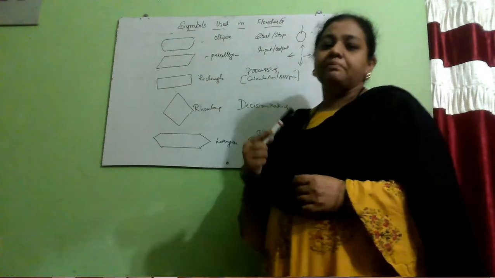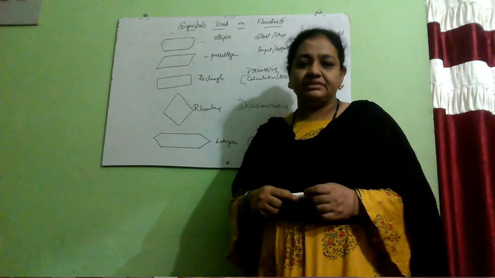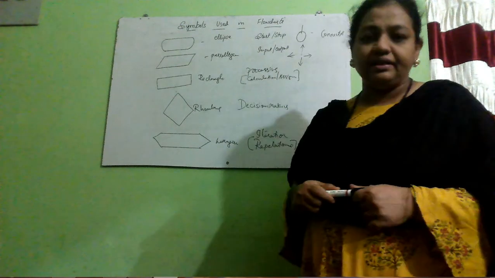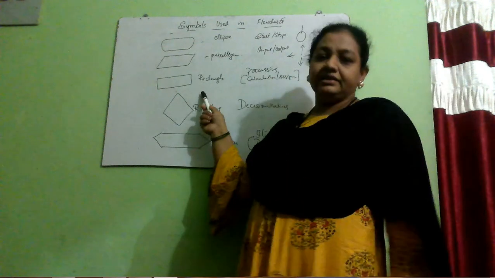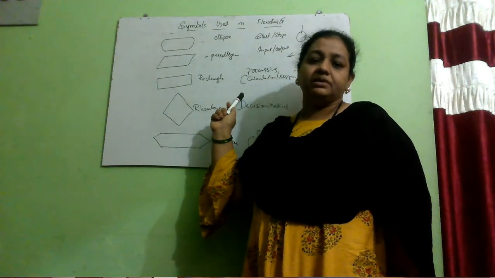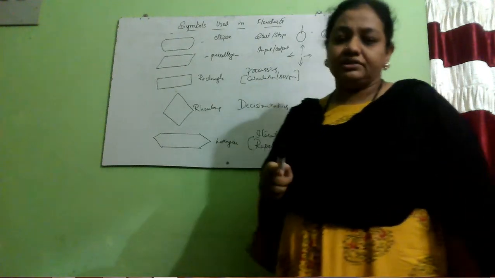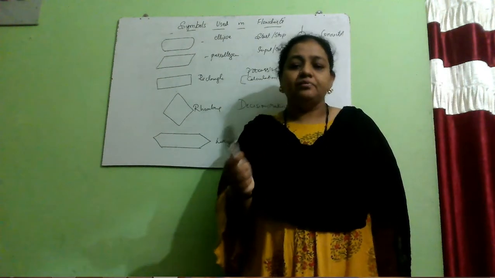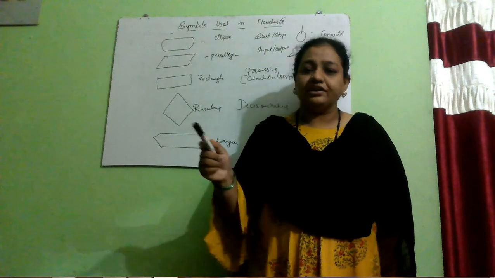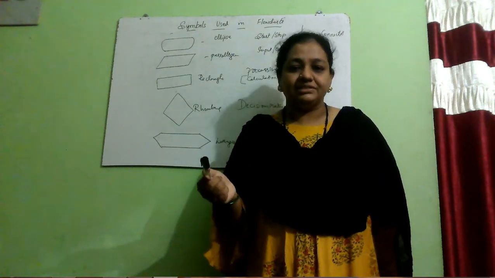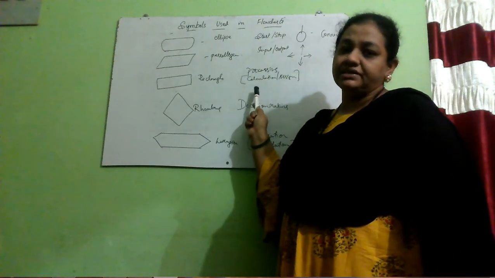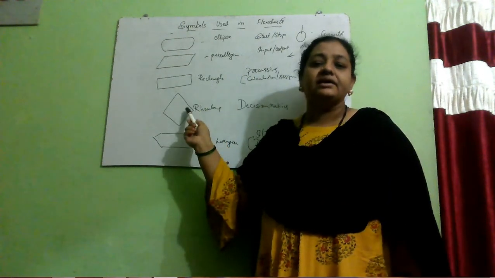Let us have a look at the different symbols which are used to write a flowchart. The first is the ellipse, which is used to write the start and stop operation. Then we have the parallelogram. Parallelogram represents the input and the output operation. Then we have a rectangle.